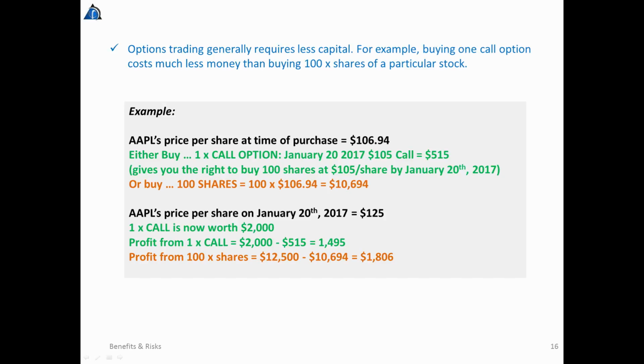So let me ask again, what would you rather do? Spend $515 on a call option and stand to make a profit of $1,495, or spend $10,695 on 100 shares of stock and make a profit of $1,806?